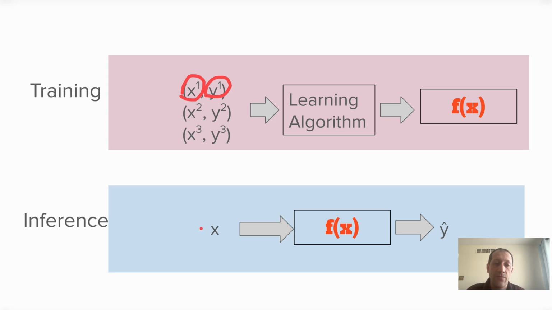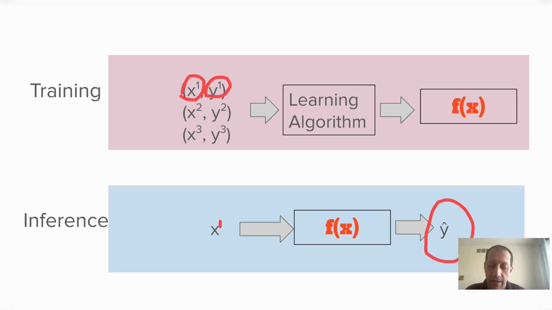Now, during inference, if you put x into this function, it comes up with a value, and that is a prediction of the actual y, or the output. The hat is the convention for the predicted value. So if this model is very accurate, if you give it x1 here, the y hat will be very close to y1.